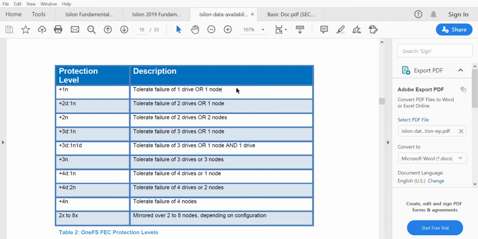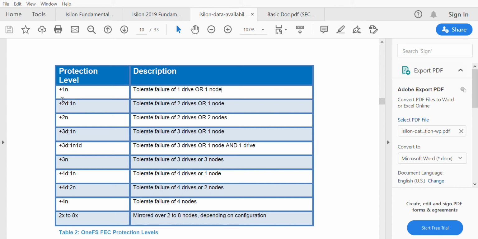So if there is a failure of one drive or one node, still the lost data can be recovered. And this protection level is based upon the pool, that is nothing but the smart pool that we will be seeing in the upcoming lectures. So just for information, smart pools are a combination of nodes. So these protection levels are based upon the smart pools available on each of the clusters.